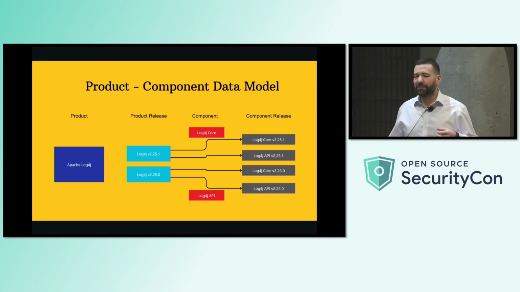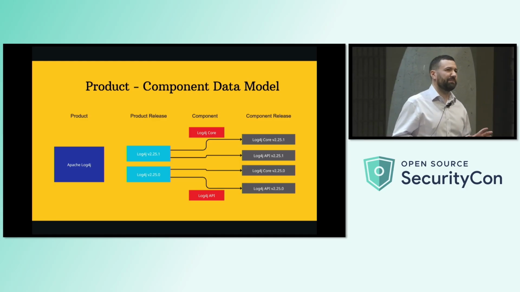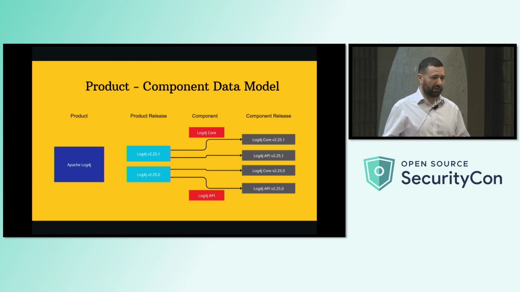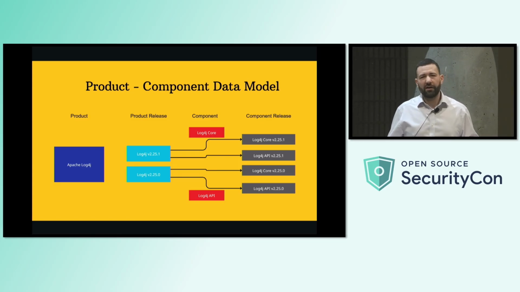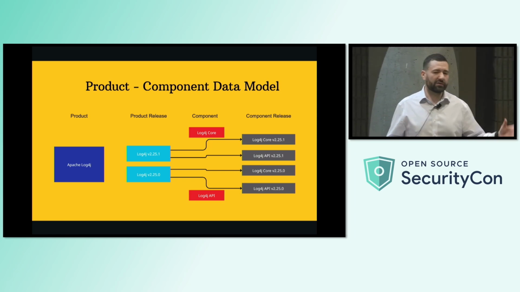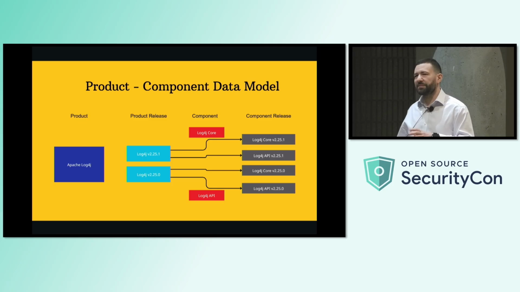So on the left, we have product, which is Log4j itself. And the product is when users talk about Log4j or about the thing that the manufacturer gives them, this is how they talk. Oh, I have Log4j, I'm using Log4j. Then you have product release. So that's like a specific version of this product.